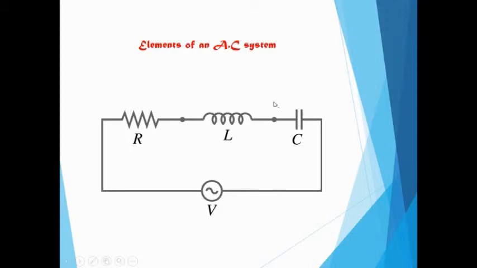Resistance or resistor is a part of the circuit that's always there in any circuitry, like a circuit with just a lamp, or a heater, or a motor. You always have a resistance there. Inductor, with most AC appliances, you will always have an element of inductance.